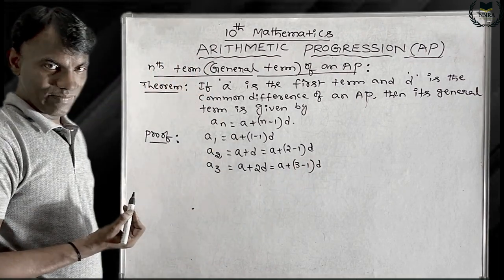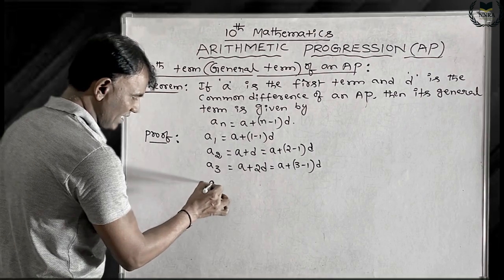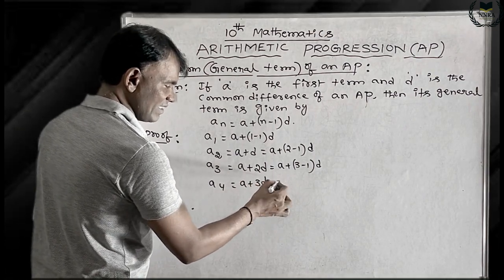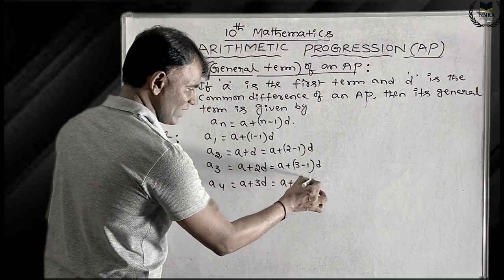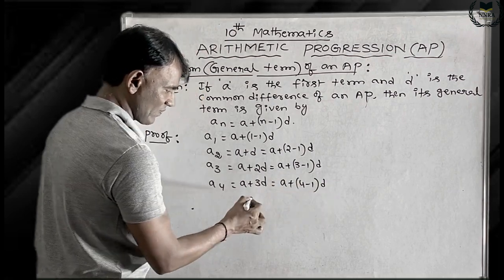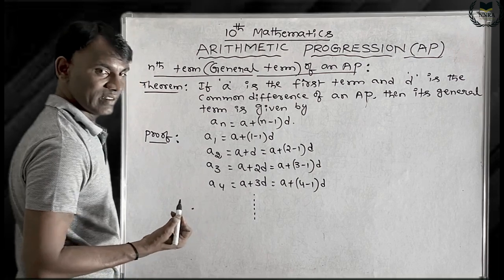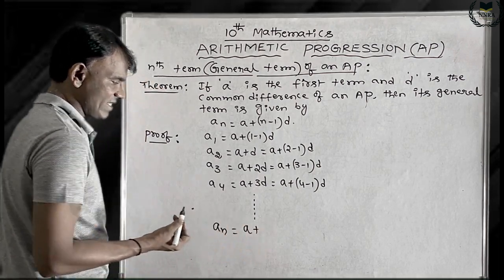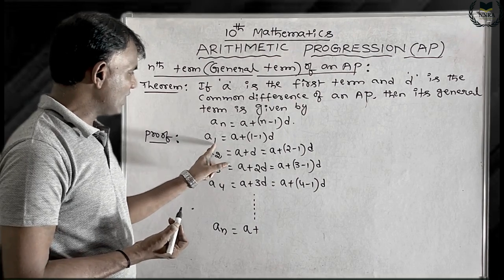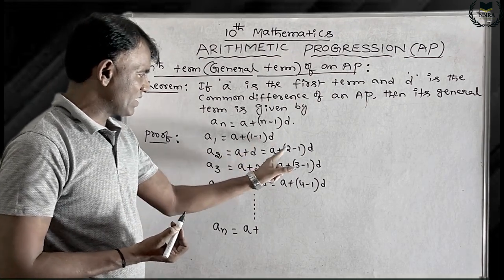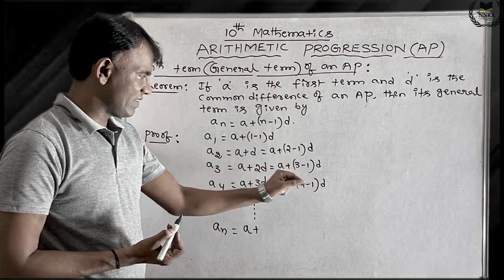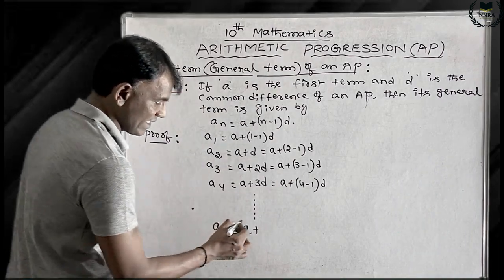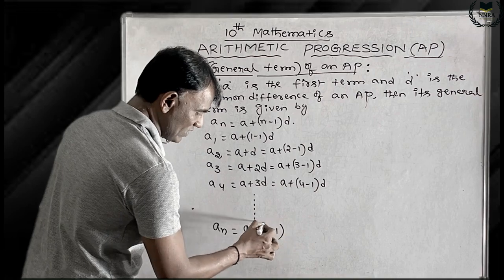Not only these three terms. If you want a4, that can be written as a plus 3d, which is a plus (4 minus 1) into d, and so on. If you want the nth value, how to write it? a plus, for a1 1 minus 1, for a2 2 minus 1, for a3 3 minus 1, for a4 4 minus 1. Similarly for an, (n minus 1) into d.